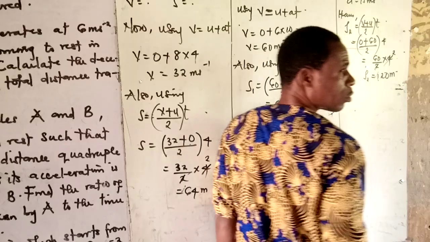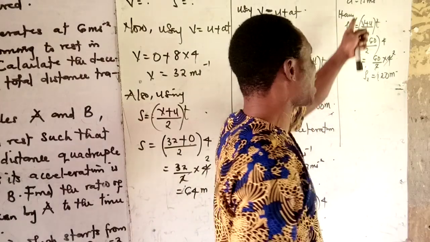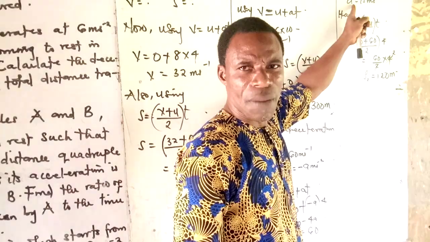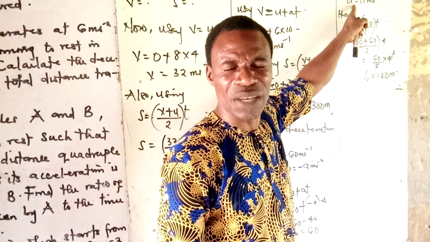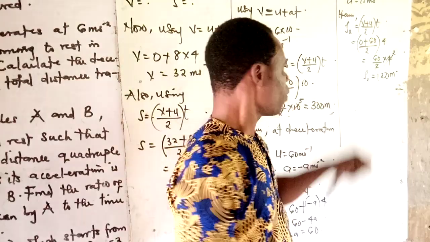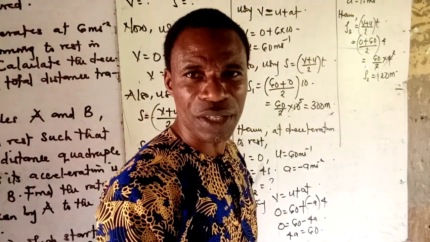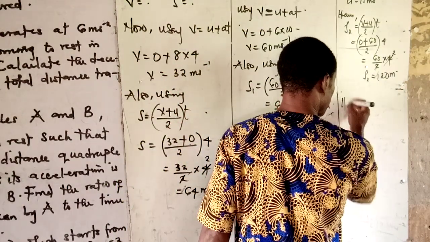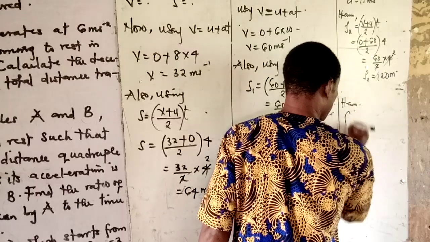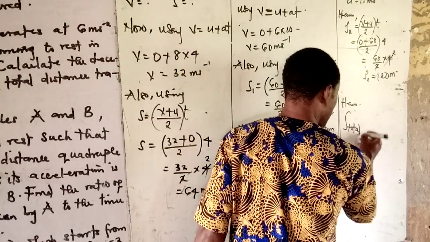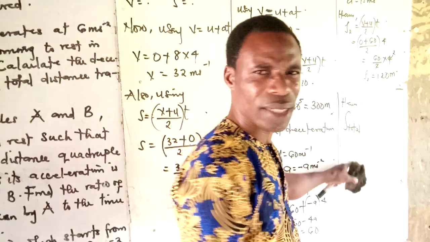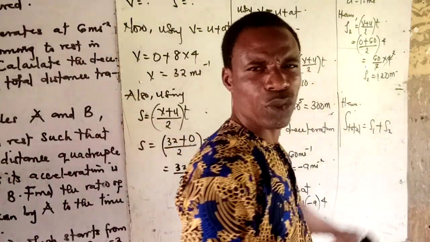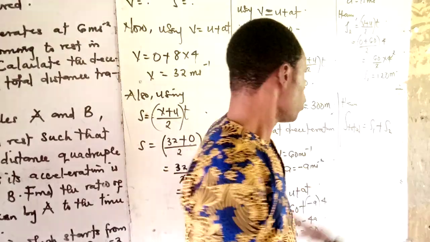S2. Okay? Remember, we have answered the first question, which is the deceleration. The magnitude of the deceleration is 15 meter per second square. Now it remains the total displacement. Hence, S total is S1 plus S2.